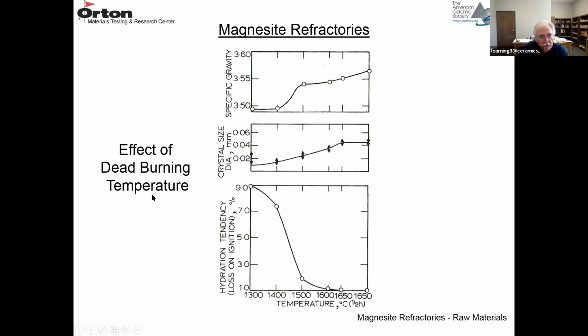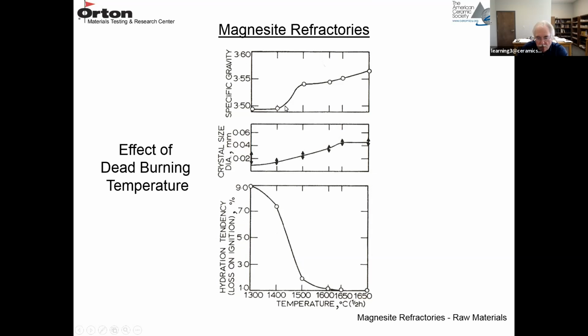So the effect of dead burning temperature, or basically heating at a high temperature, this is specific gravity, this is crystal size, and this is hydration tendency, which in this case is just loss on ignition. So the higher the loss on ignition, the more hydration has taken place, or the higher the hydration tendency. So these three properties are plotted against temperature.